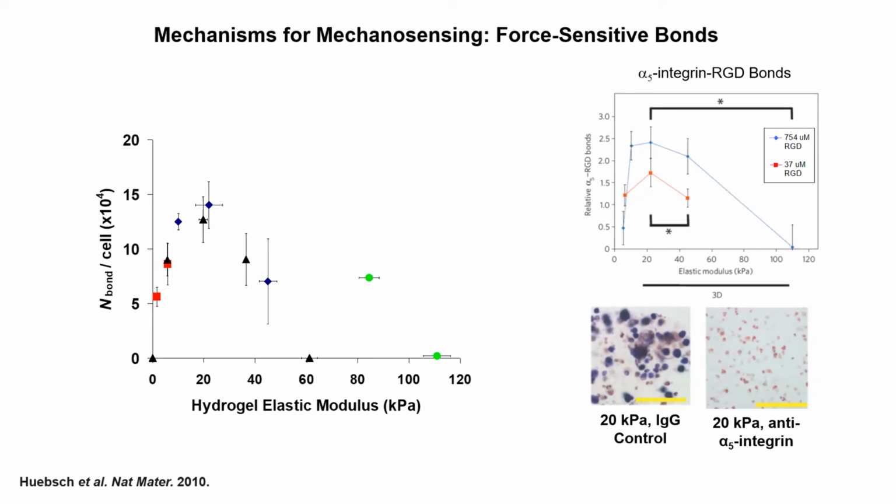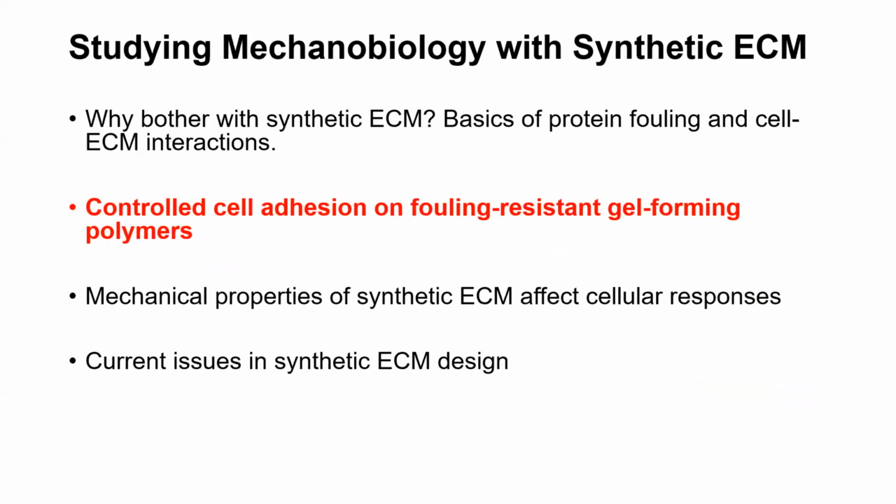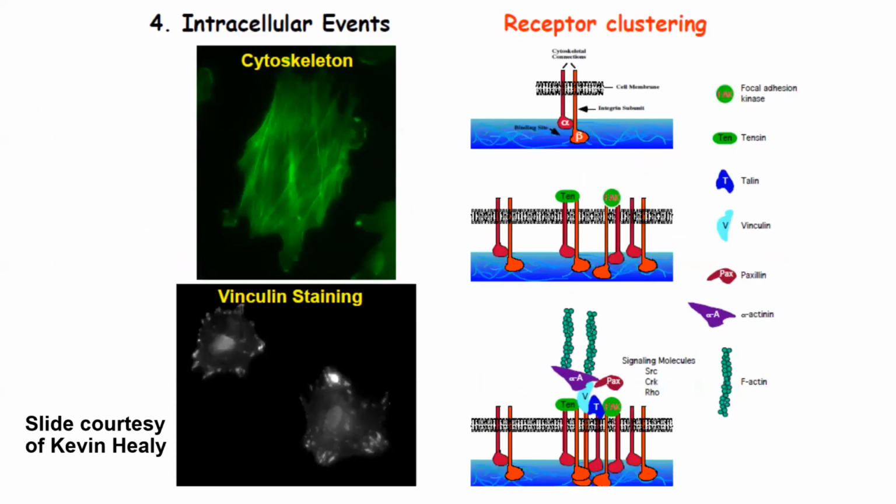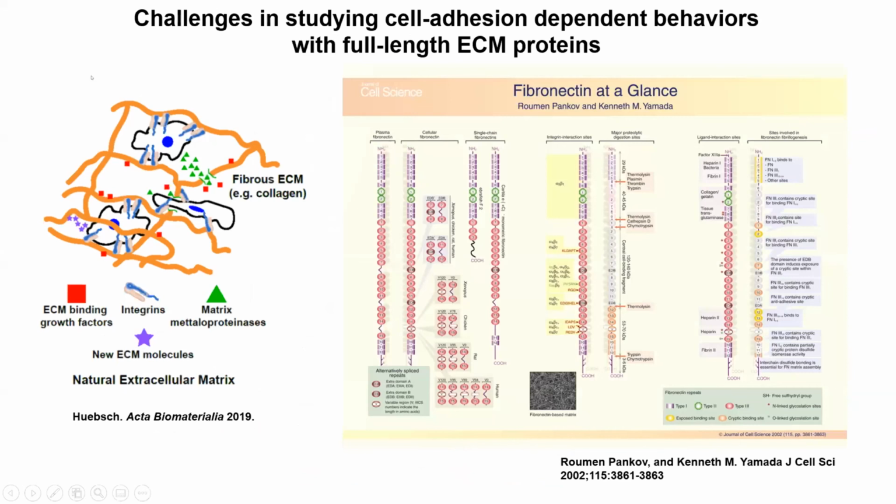However, there are a few ways we can allow cells to migrate through these materials. The first way is to have the material partially degrade. As the material degrades, that will create voids that are large enough for cells to migrate through. The second way is we can take advantage of the fact that in natural ECM, there are matrix metalloproteinase degradable sites. So there are peptides that elicit adhesion.